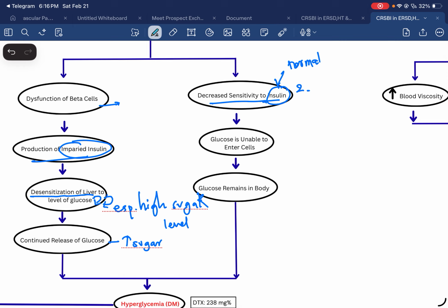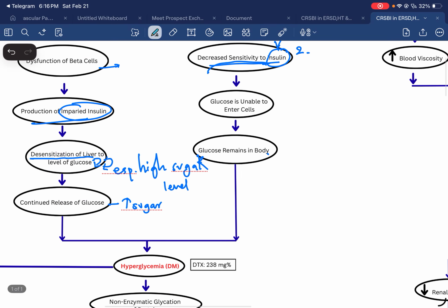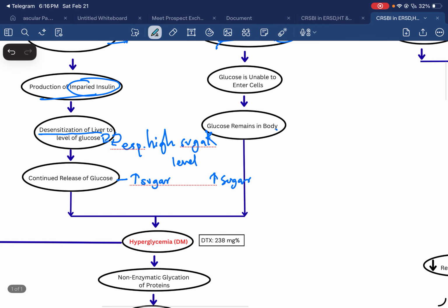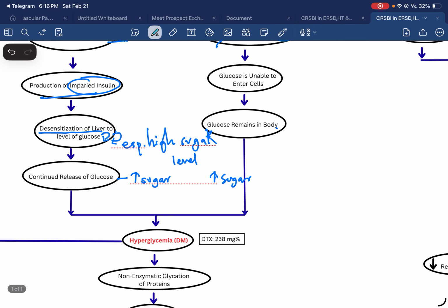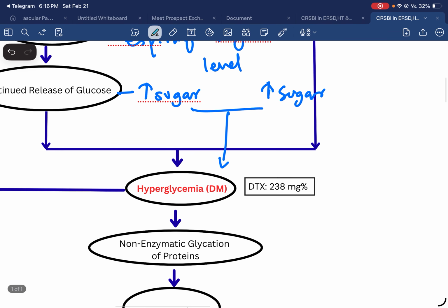The patient has decreased sensitivity to insulin, and the glucose is unable to enter cells and it remains in the body, and there is an increase in sugar level. And the medical term for increased sugar level, we call it diabetes or hyperglycemia. Hyper means high.